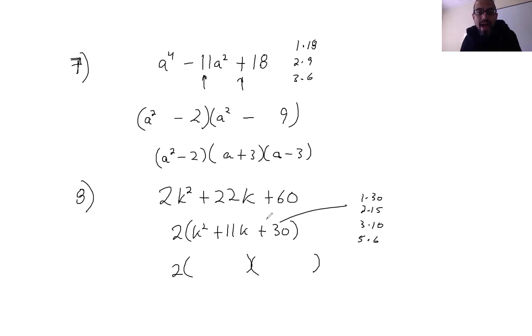They need to add to make positive 11. You really got to understand that step. It is so key. So which ones do it? 5 and 6. How do you make plus 11 with 5 and 6? You go plus 5 plus 6. And there you go. Done like dinner.